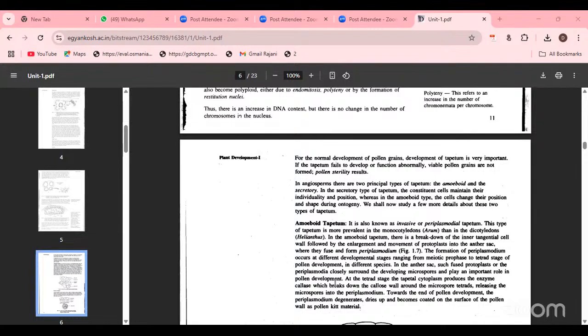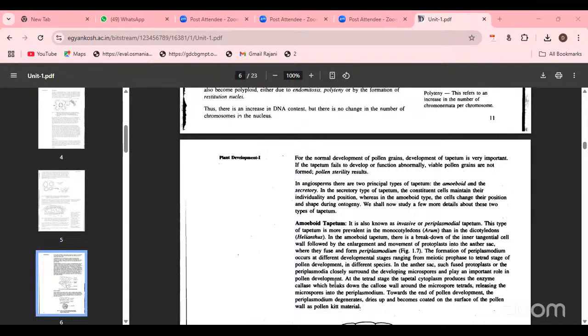It is also invasive or periplasmodial tapetum. This type of tapetum is more prevalent.